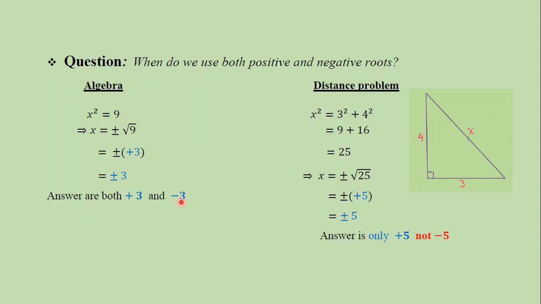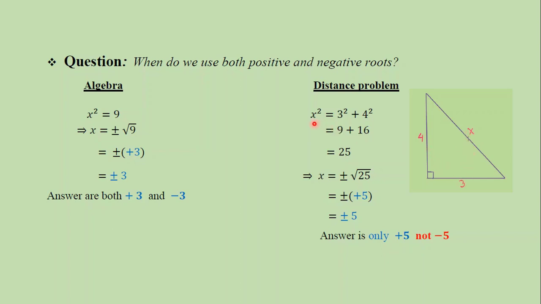Again, when do we use only positive roots? The answer is distance problem. Like in this problem, this is a right angle triangle. This side is 3, this is 4, and this is x that we need to determine. So if you use Pythagorean theorem in this right angle triangle, you can write x squared equals 3 squared plus 4 squared.